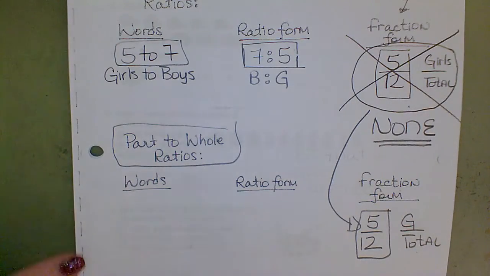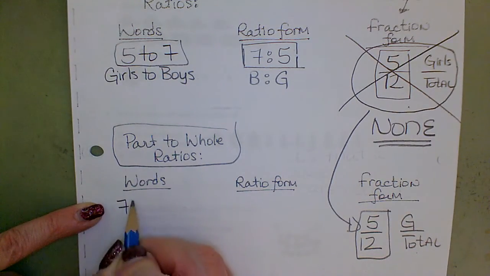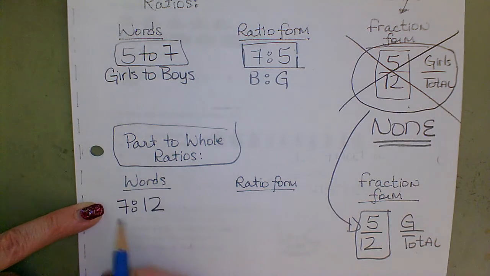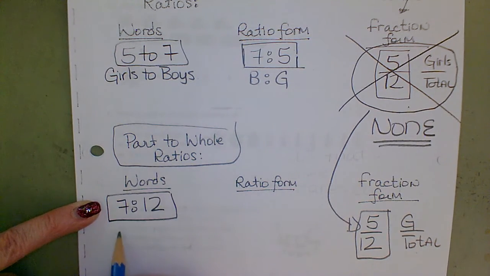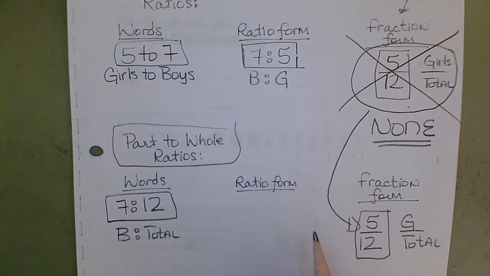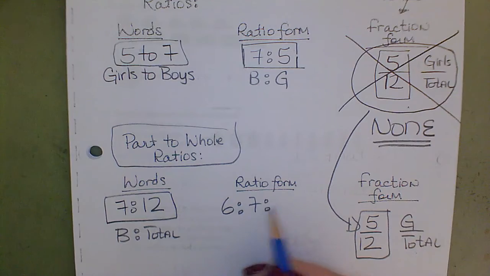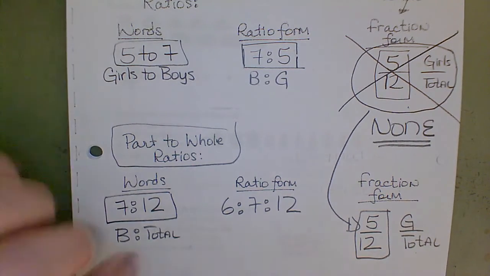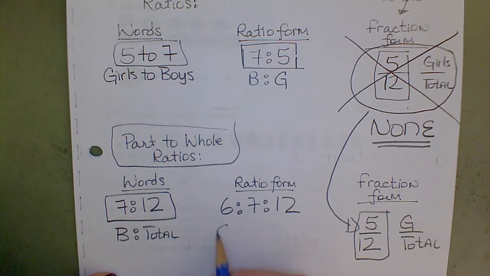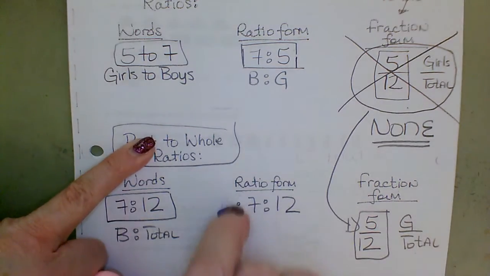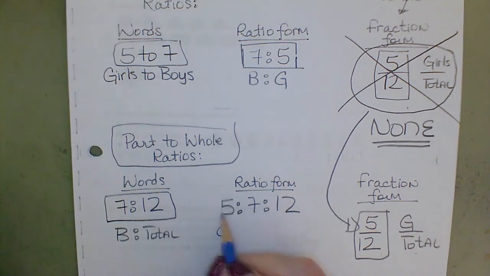And part to a whole, I could have 7 to 12, which would be boys to total. I could also have ratio form. Ooh, I'm going to do 6 to 7 to 12. Oh no, you can't do that because that's part of the whole. 5.